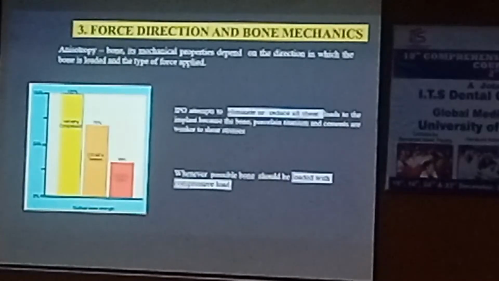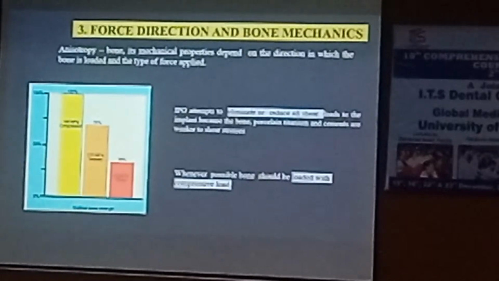Now, whenever the force is falling on the tooth, it goes to the implant, and from the implant it is transferred to the bone. And bone is an anisotropic material. You understand what is anisotropic? It does not have the same properties in all directions.